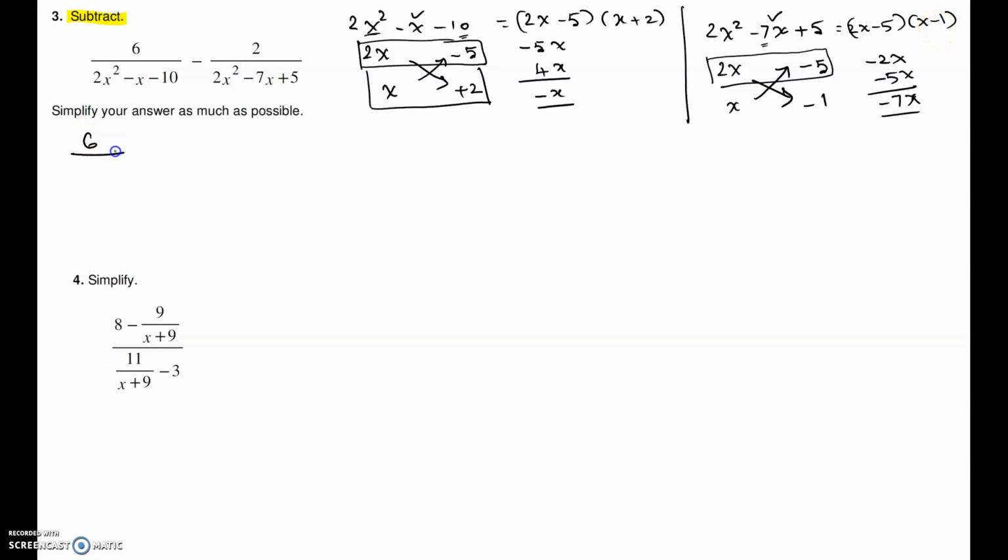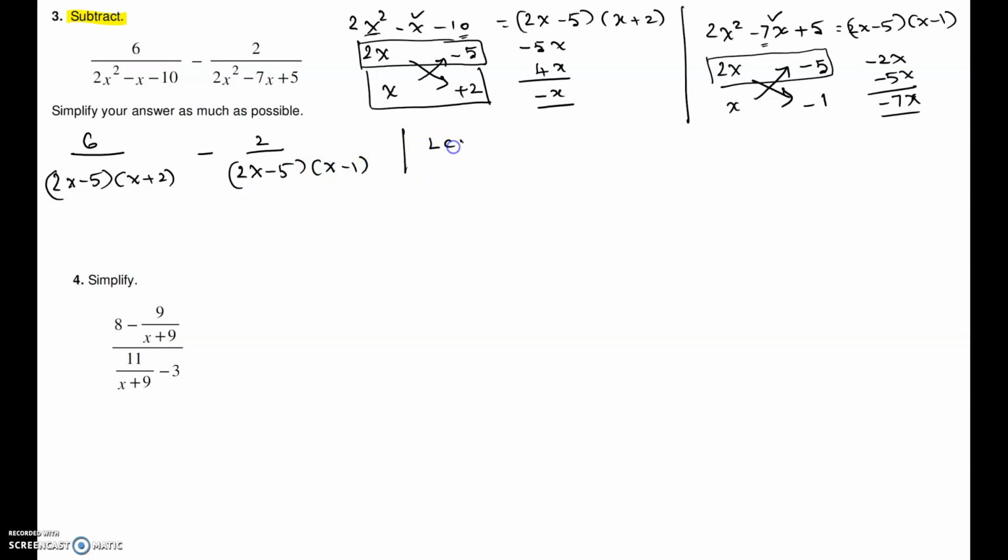So I can write the first one as 6 divided by the factors of the first denominator, which is 2x minus 5 times x plus 2, minus 2 divided by the factors of the second denominator, which is 2x minus 5 times x minus 1.